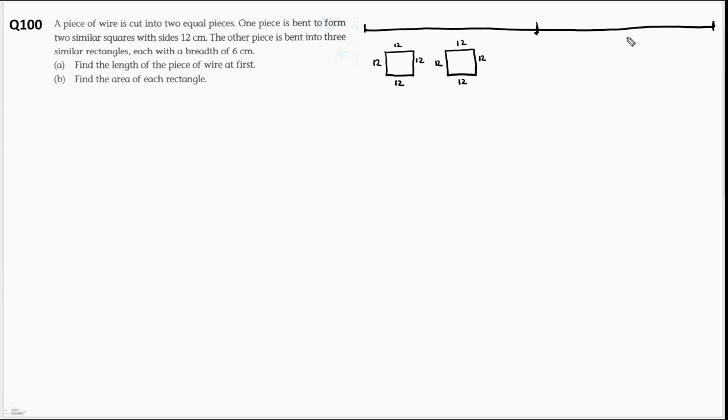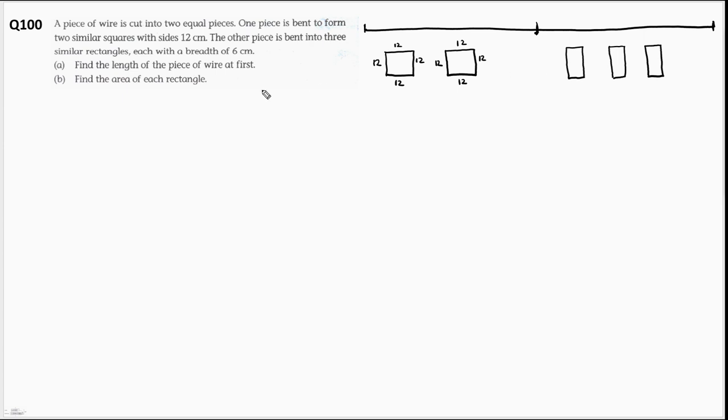And then it says, what happens to the other piece? Well, that is bent into three similar rectangles, each with a breadth of 6 centimeters. So we're going to do three rectangles, and rectangles have got two long and two short sides, and they're three similar rectangles. So all the dimensions are the same, even if I don't draw them perfectly the same.